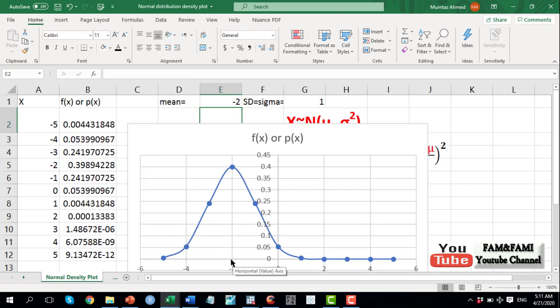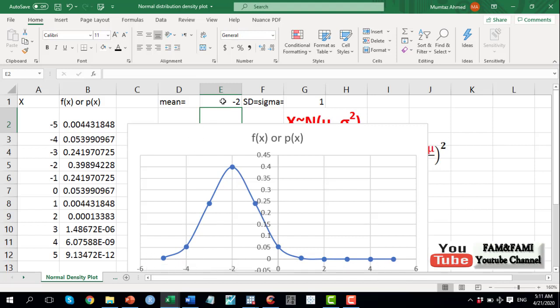Now in this current case mean is -2, the shape is exactly the same, the only thing is that it got translated horizontally, rightward or leftward. So now -2, then -1, then 0, +1, +2, and even you can play with other values, +3, +4, and so on, -3 and -4 and so on.